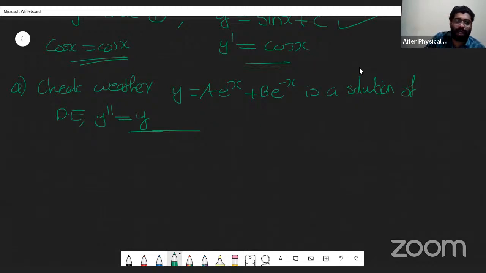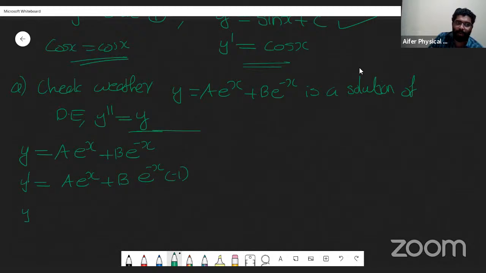Okay, so we are starting with our solution y equal to a e raised to x plus b e raised to minus x. In order to verify whether it is a solution or not, we need the second derivative. Therefore, I am taking the first derivative, which is a e raised to x plus b e raised to minus x into minus 1, right?